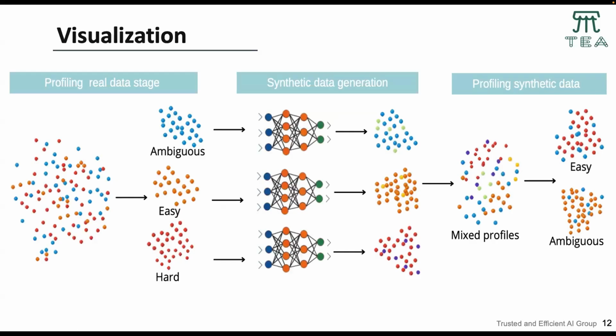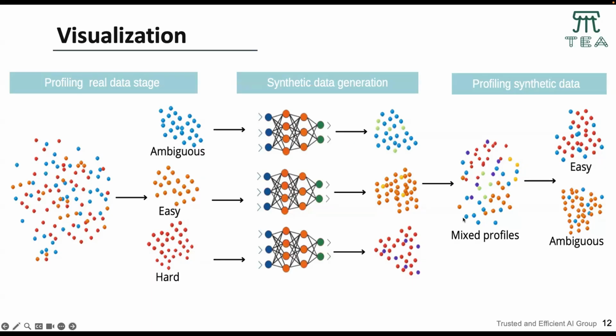So this is a graph of their procedure. As we can see, this is a huge collection of data points, and they use profiling to separate each part of the data according to its hardness with regard to the model's learning. And they train separate generative models to generate the synthetic data.